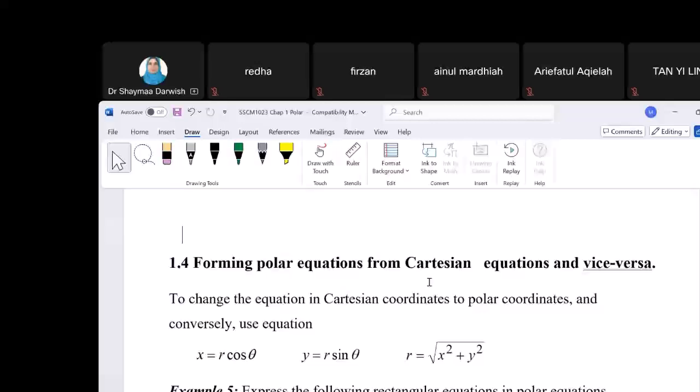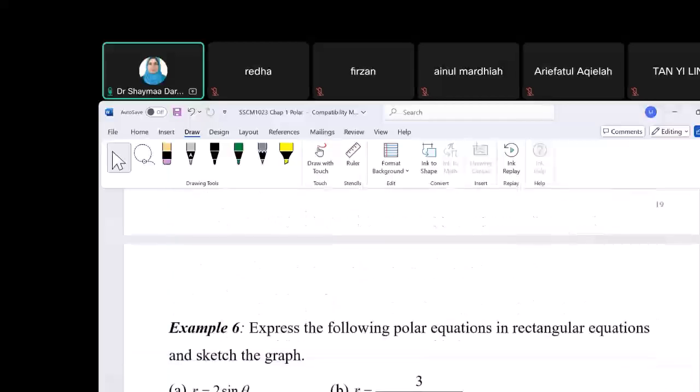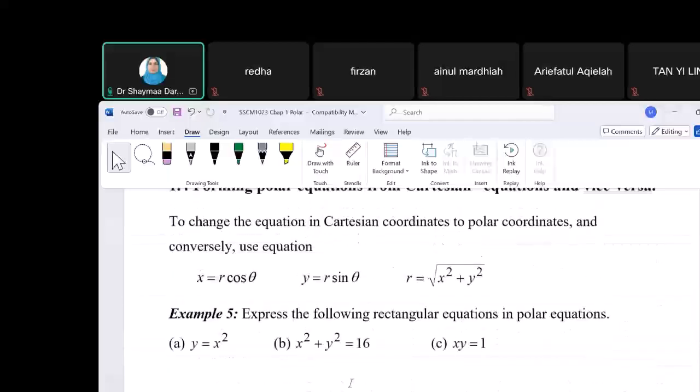Now we need to convert equations, but we still use the same 4 relations. I mean, I will have Cartesian equations and I will convert to polar equations. And then we will have a polar equation and try to convert to Cartesian.